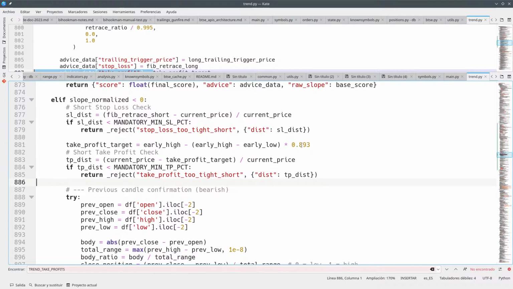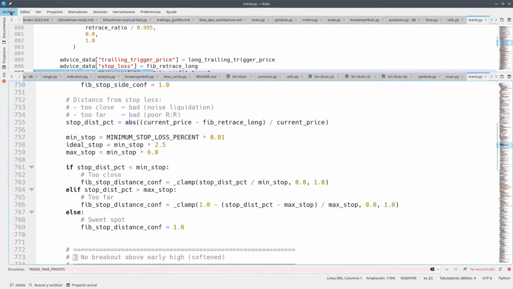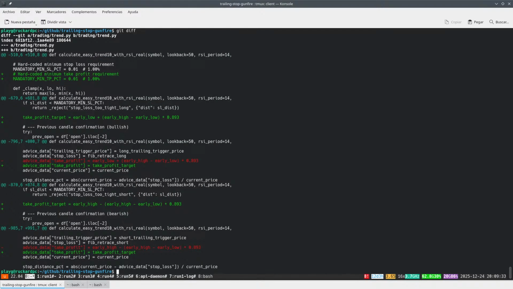That way we can have this thing about having 0.893. So it was not the stop loss the problem, it was always the take profit. So what's the minimum that we want to have? I don't know. Let's do this like this.